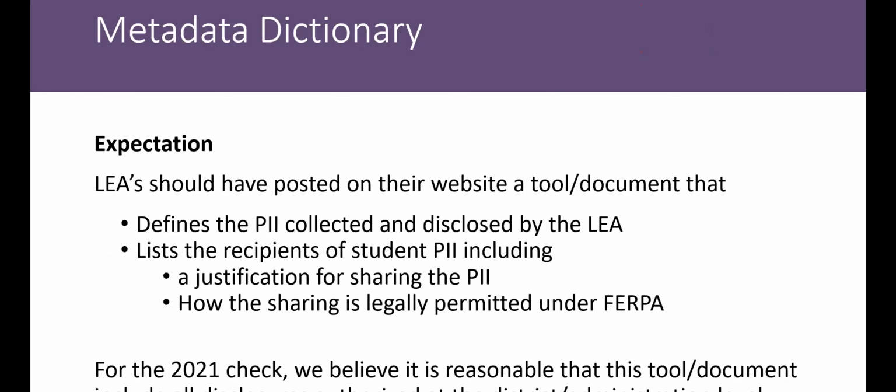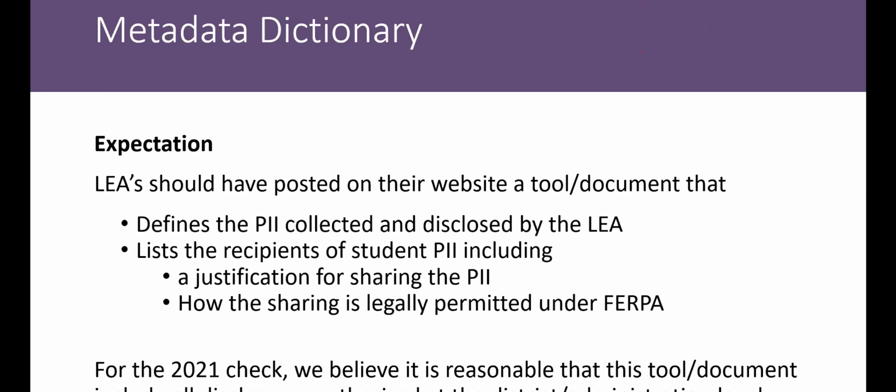Okay, one that is in board rule and that we haven't been able to check, largely because the tool that you were required to use has been broken, is the metadata dictionary. We have changed our board rule to basically just say, you know what, you don't have to use our tool, it's broken anyway. Anything that meets the requirements and is posted on your website gets a pass.